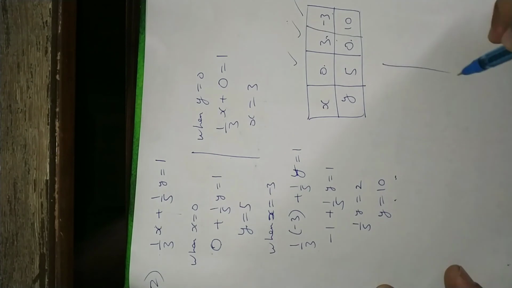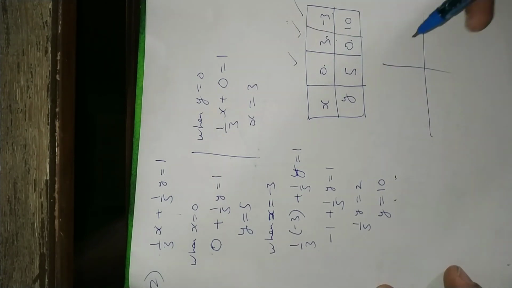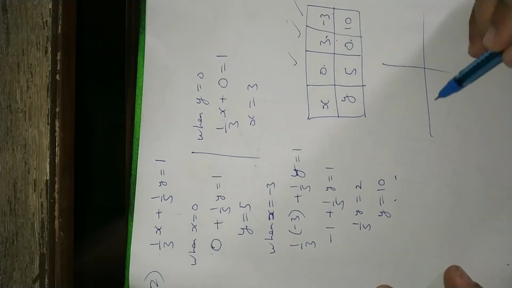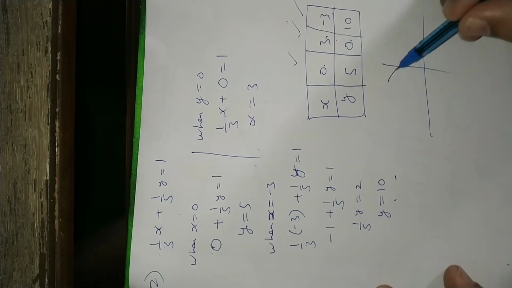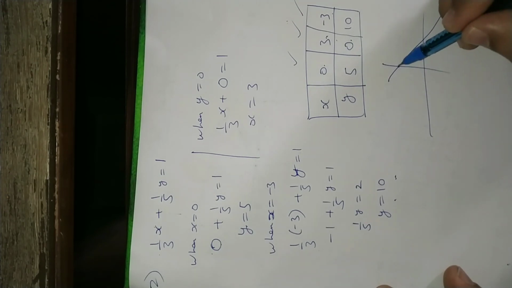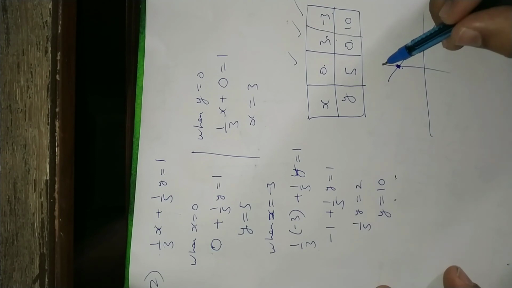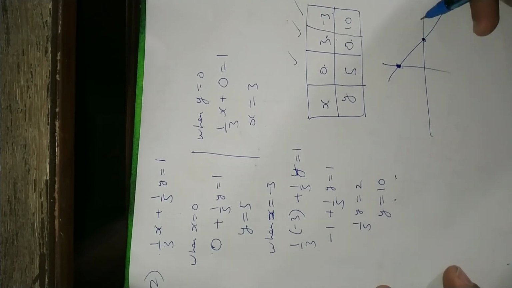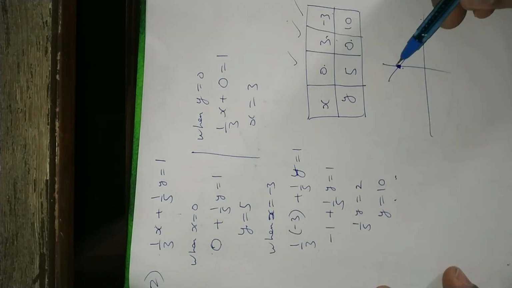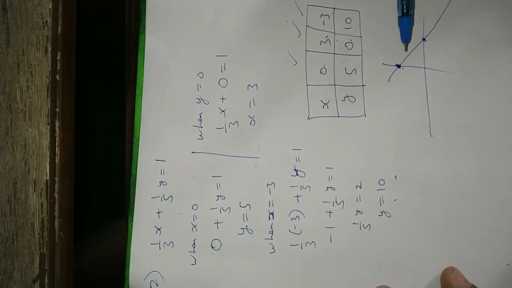And suppose I am not plotting, but suppose you will find any line. For example, this is your line. So you will have to calculate this point when this line touches the y-axis, and this point when this line touches the x-axis. You also have to write down these points in your answer.